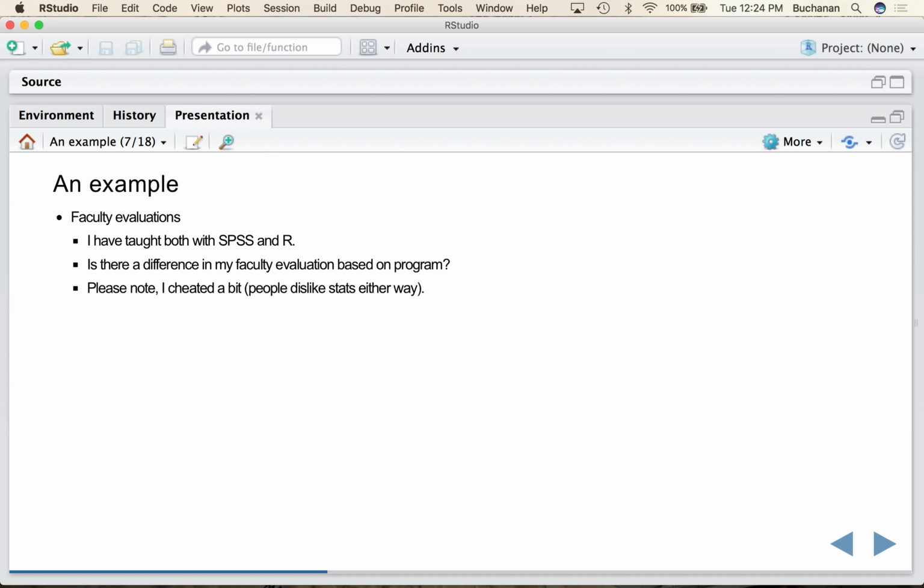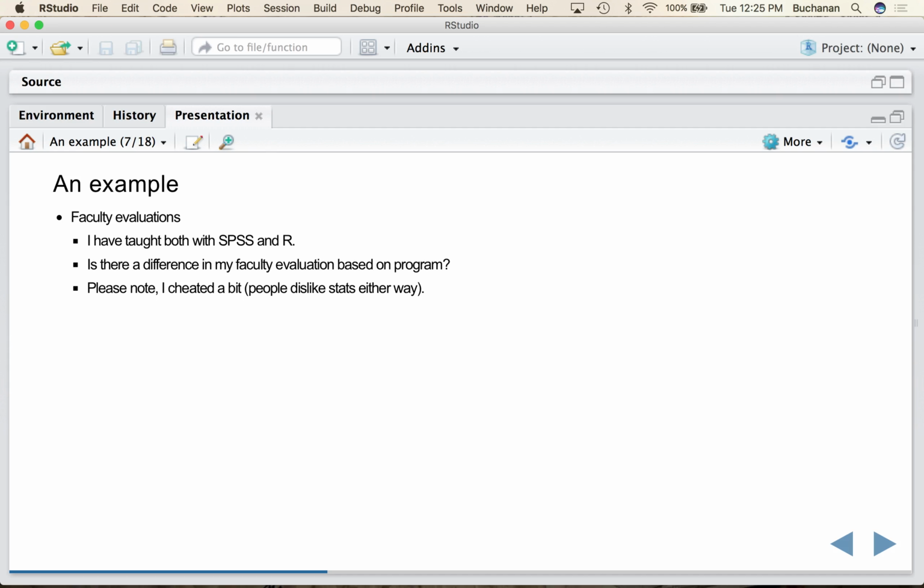I have taught my undergraduate statistics course in both SPSS and R, and my perception is that the evaluations changed when I switched from a point-and-click system like SPSS to a programming system like R, because, oh my god, I have to take stats and learn how to program, the world is ending. So is there a difference in my faculty evaluations?